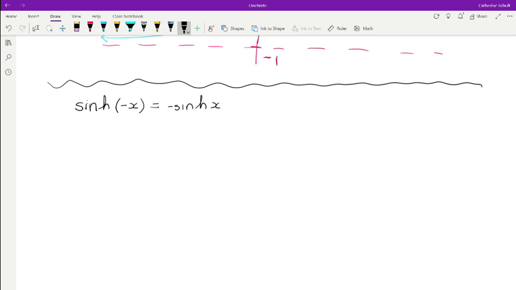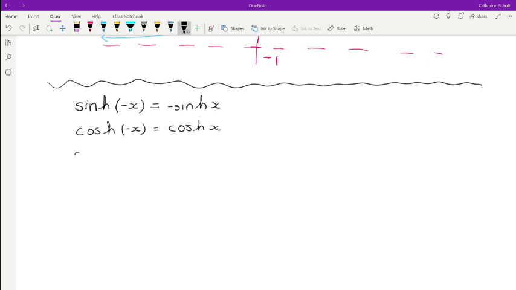And that's just a property of odd functions. Even functions, when you plug in a negative x, you get back the normal y.